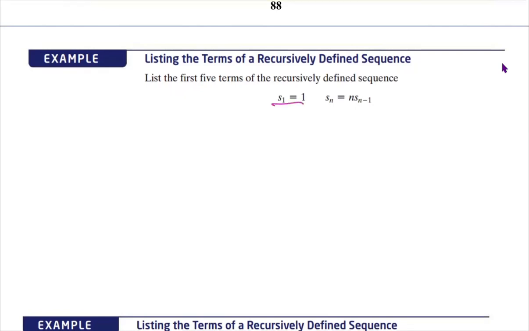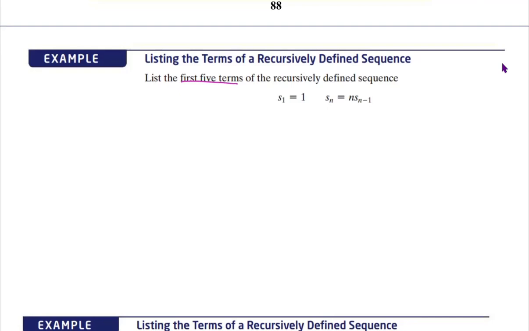We have S1 equals 1, and Sn equals n times Sn minus 1. If you have that, then you can find S2, right? It says find the 5 first terms of this recursively defined sequence.